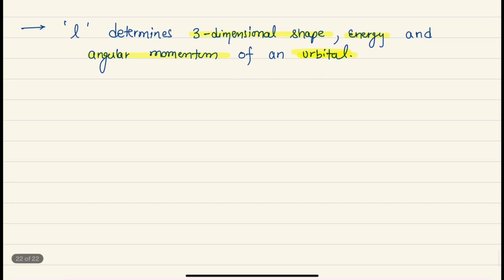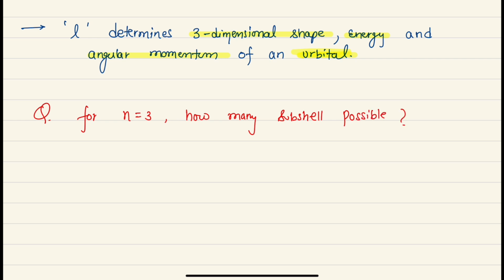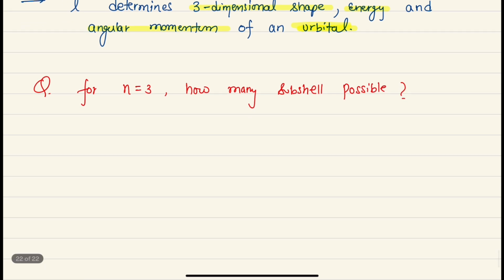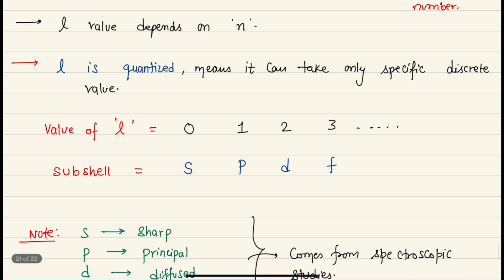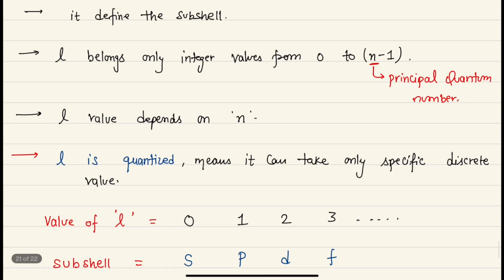And do one question, a very simple question I will give you. Okay, for n equal to 3, how many subcells are possible? So very simple, right or not? I told you how to find the L value. See here. L value belongs to 0 to n minus 1.